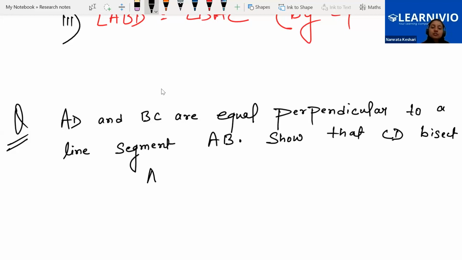What I was saying from the very beginning, when the name is not given, it will be a little bit confusing. Here the names of the triangles are not given. A sentence is given which we have to decode and understand. Let me draw the figure.